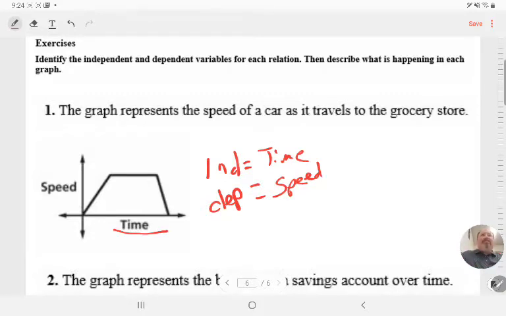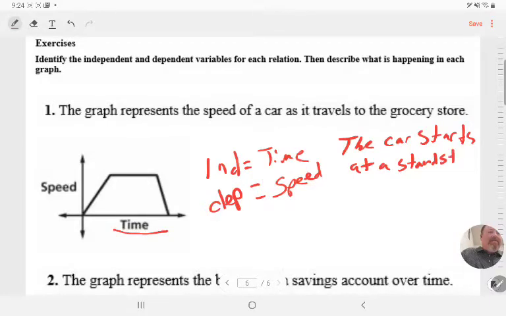Okay? So I could put the car starts at a standstill. Okay, that's here. And then it accelerates.